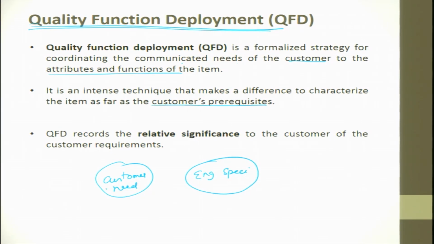And when you try to do this engineering spec, then you also have to understand what it is that you have to develop, so that you develop ahead of the market. Suppose you identified customer need and engineering spec, and you are trying to make a similar product which is already there in the market, then your product sales will not be so great.